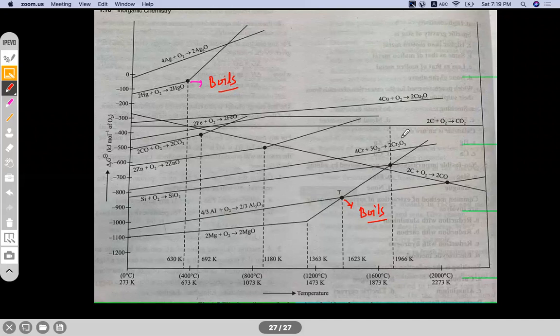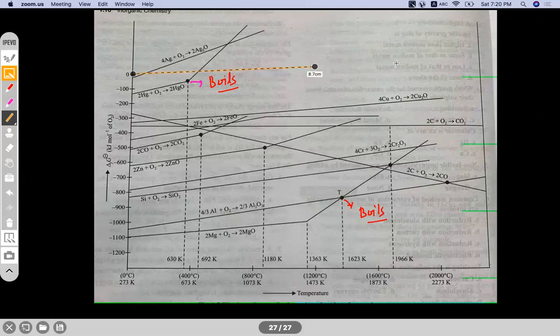Better written, the sharp change in the slope represents the change in state, when the metal melts or vaporizes.